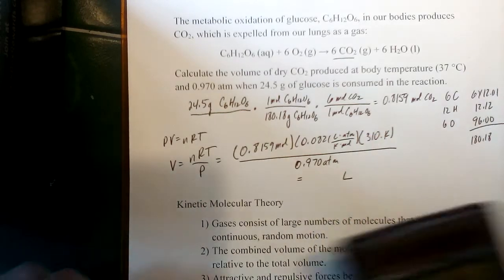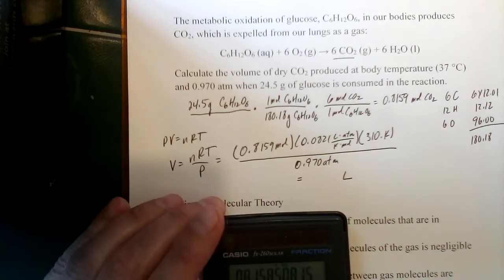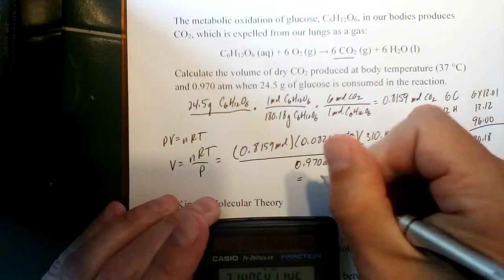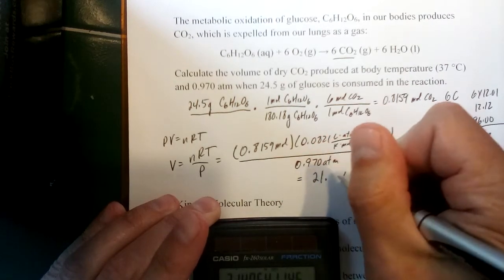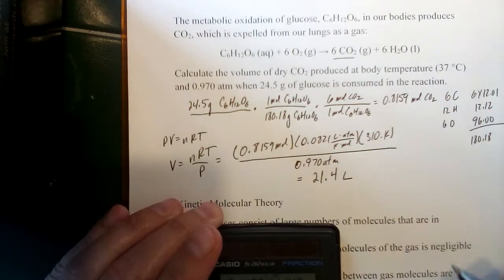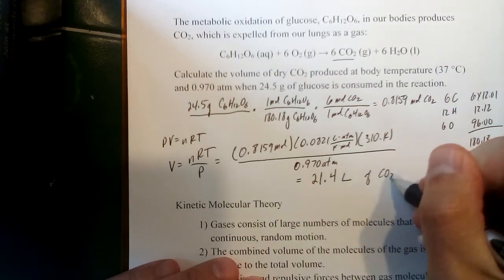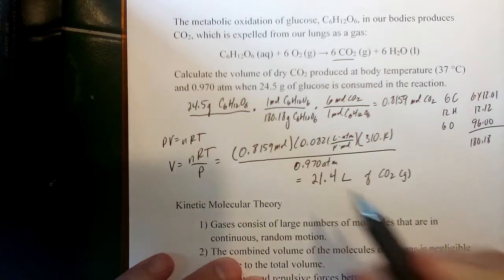This will give us the volume of CO2. So I've got the exact number for that previous calculation, times 0.0821 times 310 divided by 0.97. And to three significant figures, I would get 21.4 liters of CO2 gas here from this particular equation.